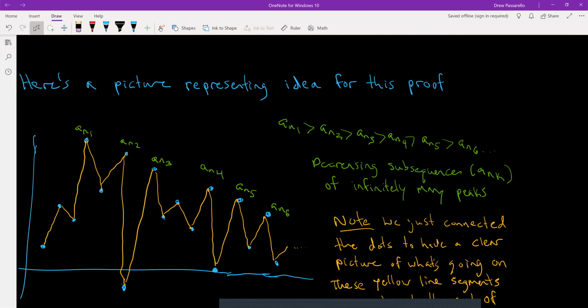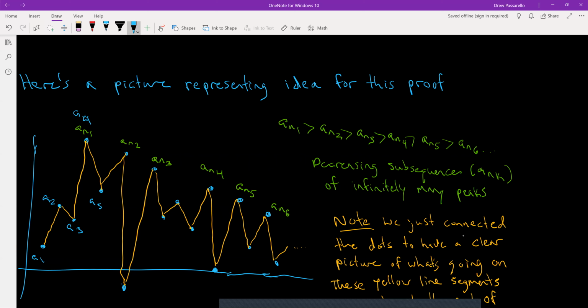So let's say if you were to plot the sequence, and this was A1, A2, A3, and then this is A4 and so forth. If you were to plot it, I drew these yellow line segments connecting the dots just to visualize better.